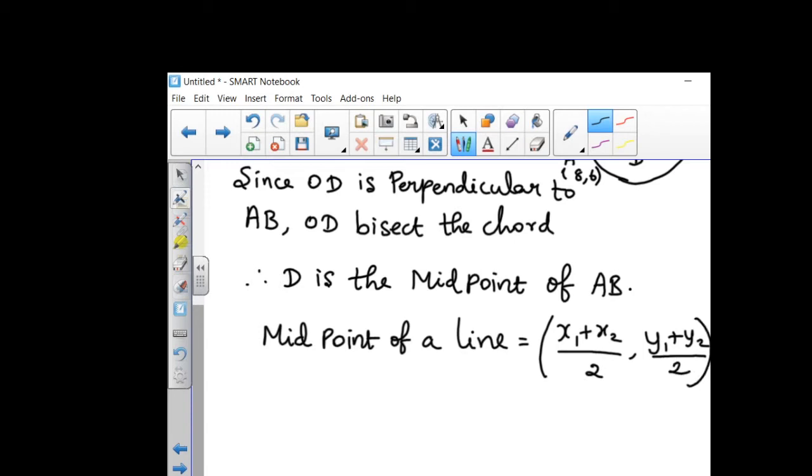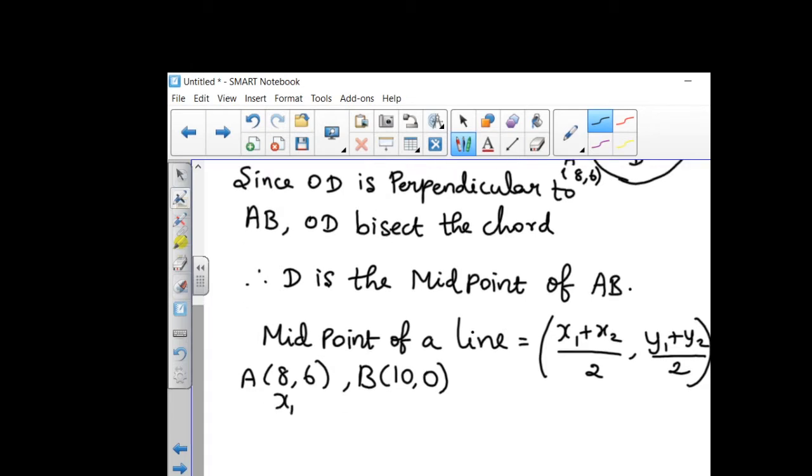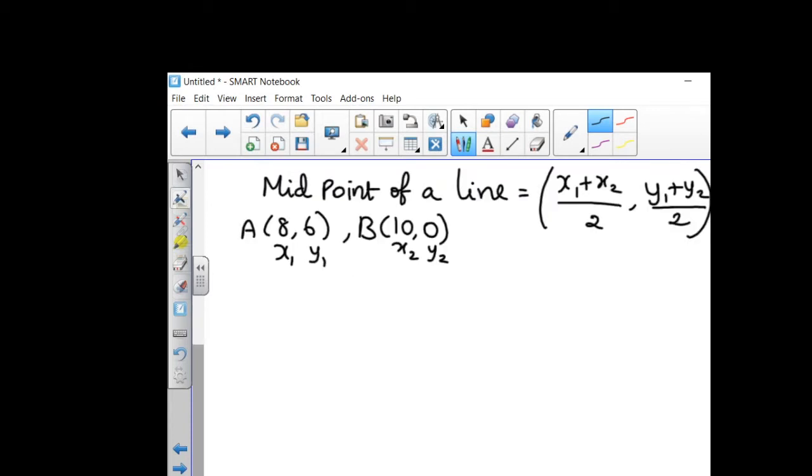So what are our x1, y1? A point is (8, 6) and B point is (10, 0). These points are called x1, y1 and x2, y2. Then you can apply in the formula.